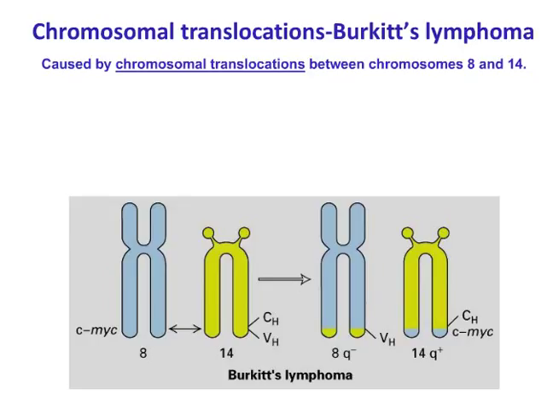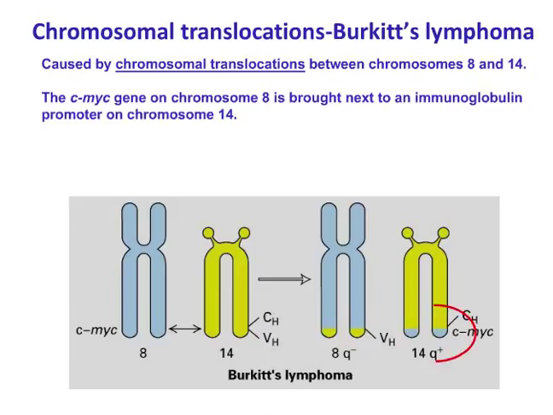Chromosomal translocations can also result in transformation. A translocation can cause elevated expression of a proto-oncogene by placing the proto-oncogene under control of a different gene promoter. This is what happens in Burkitt's lymphoma, which is a B lymphocytic tumor.